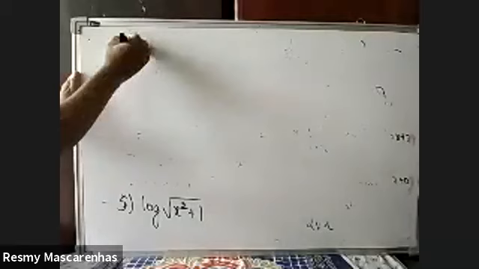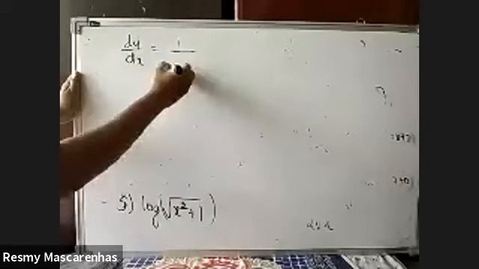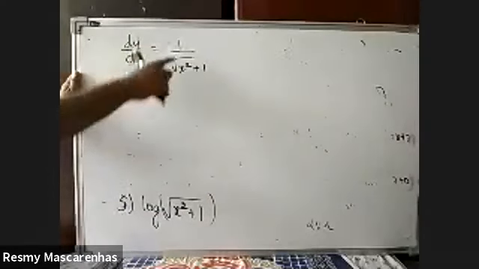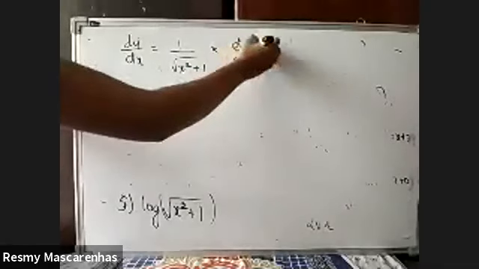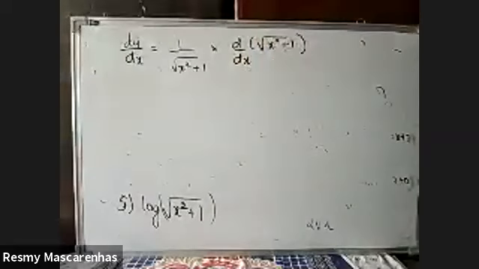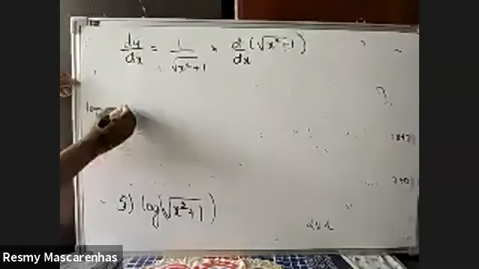So log of this. Log of anything is what? 1 upon that. Log of x is 1 by x into the derivative of that extra thing. Why is log of x 1 by x?